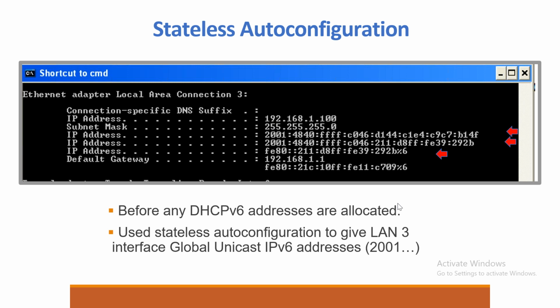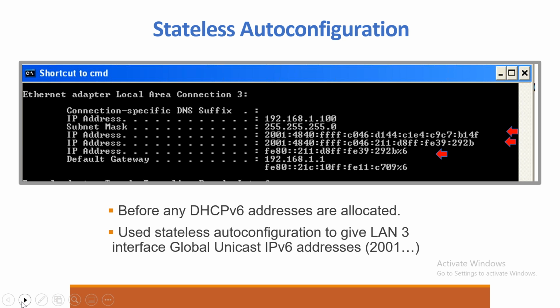You notice that before any V6 addresses are allocated, we've used SLAAC, stateless auto configuration, to give this LAN both a V6 link local address as well as two IPv6 global unicast addresses, and you can see here the link local of the gateway.